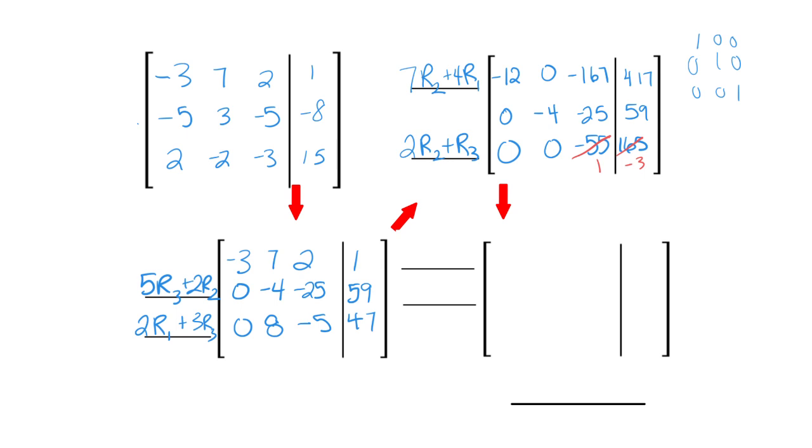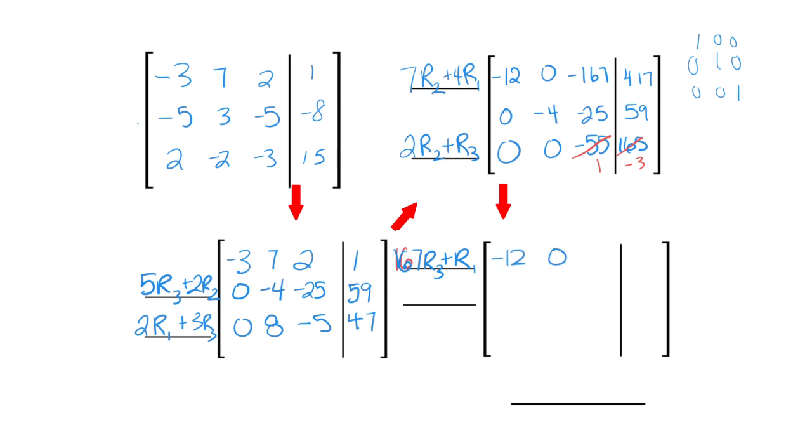For the first row, I want this negative 167 to go away. So I am going to have to take row 3 times 167 and add it to row 1. When I do that, I know that my first one is going to stay a negative 12.